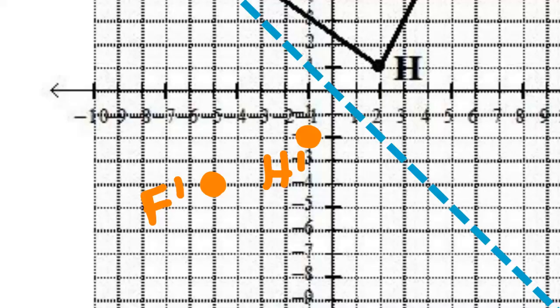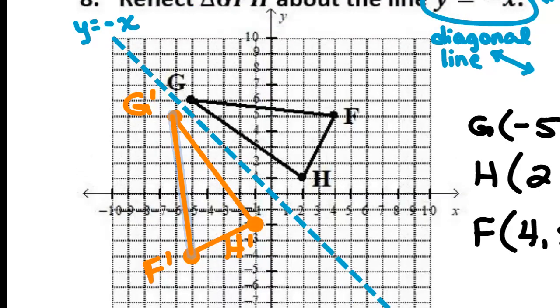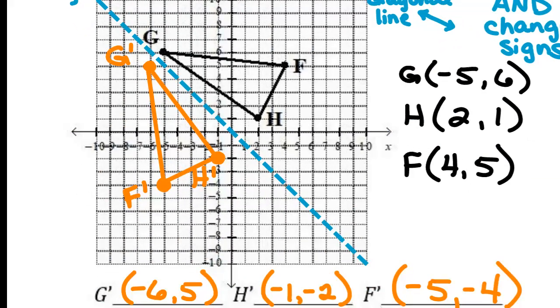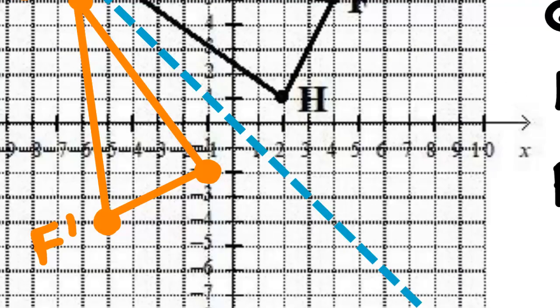So there's F prime. Then I'm going to use my straight edge to connect those 3 points to make my reflected triangle. I'm going to move my label for H prime just a little bit. There it is.